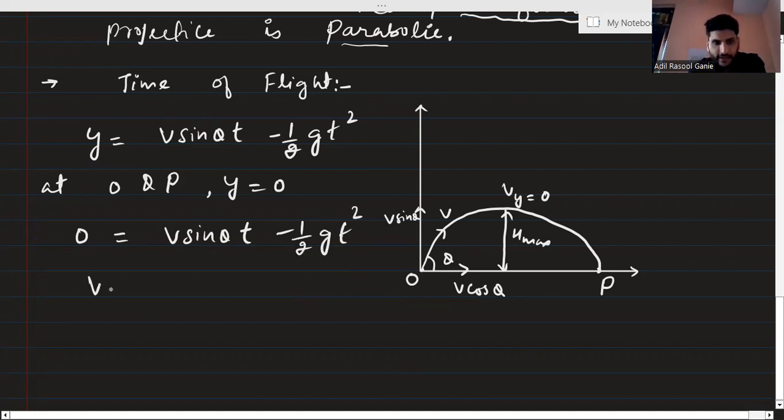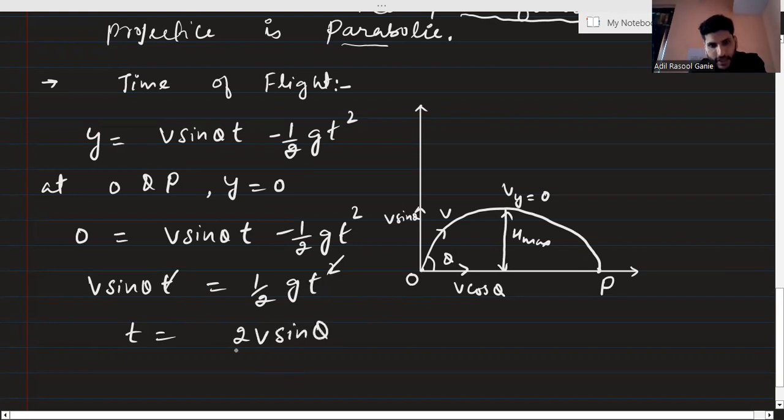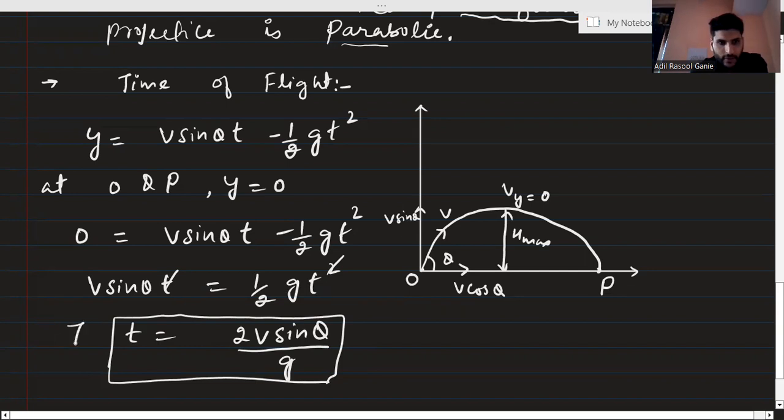This gives v sin theta into t is equal to 1 half of gt square. t and t will cancel each other, and I'll get t is equal to 2 times v sin theta upon g, which is the equation of the time of flight.